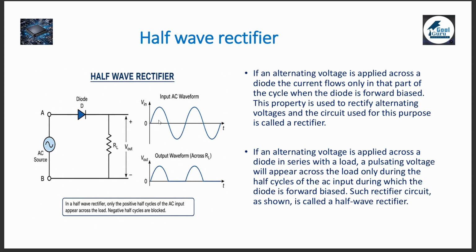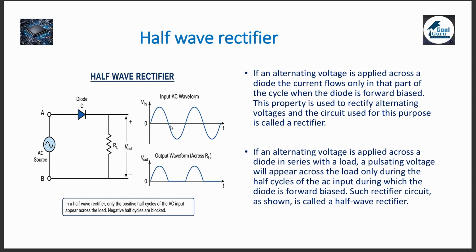In the whole of the positive half of the AC, the diode goes into the forward bias condition. And this is responsible for the current flow.